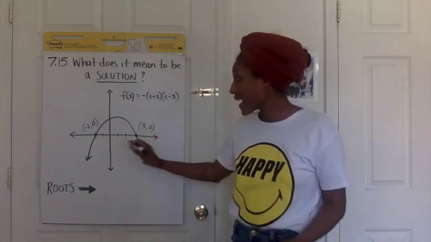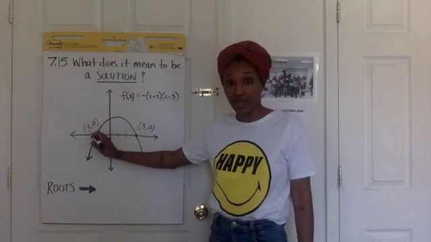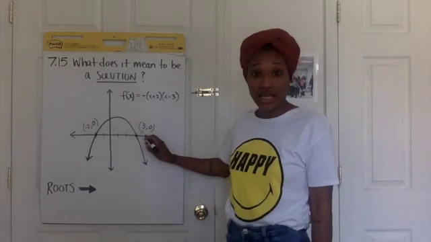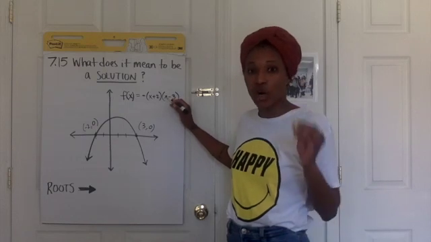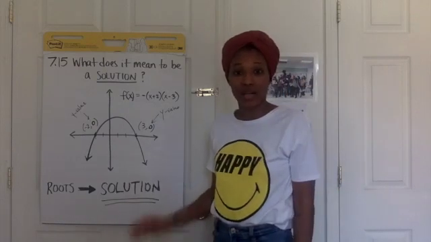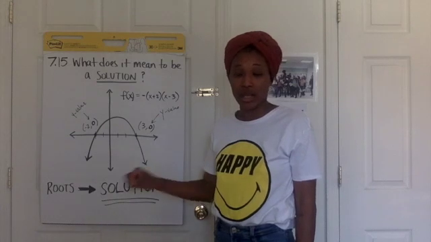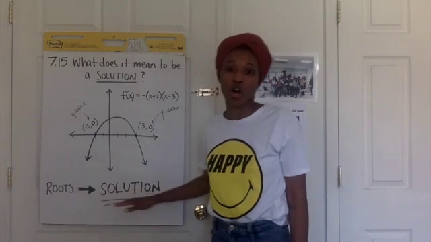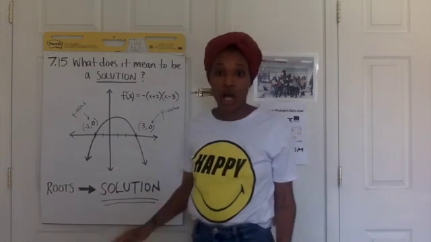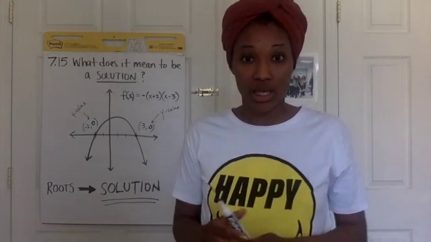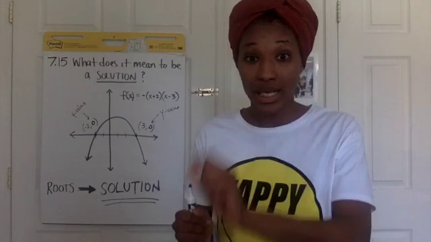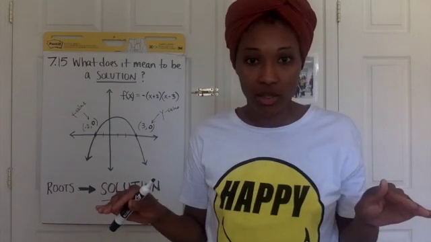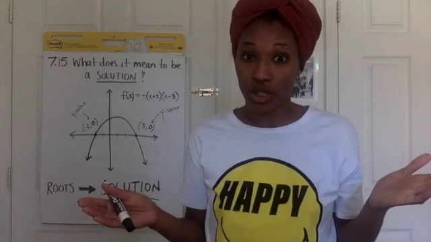If I was to take this x value, -2, and this x value, 3, and plug it back into my equation, I'm definitely going to get a 0. The x values -2 and 3 are our roots, but they are also known as our solutions. A solution to a quadratic equation is an x value that when you plug it into the equation, you get a 0. If you don't get a 0, the x value is not a solution.